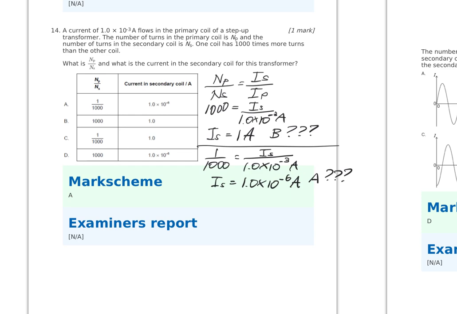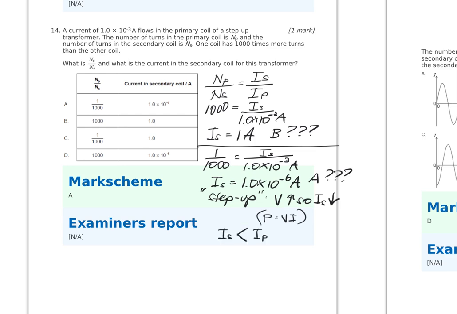In order to have the power be conserved, if my voltage is increasing, then my current is decreasing because P equals VI. So for the same P, if V goes up, then the current goes down. And so the secondary coil current is going to be less than the current in the primary coil.